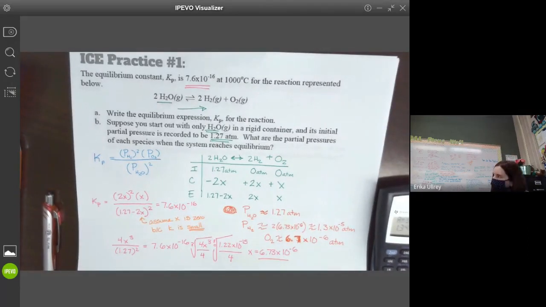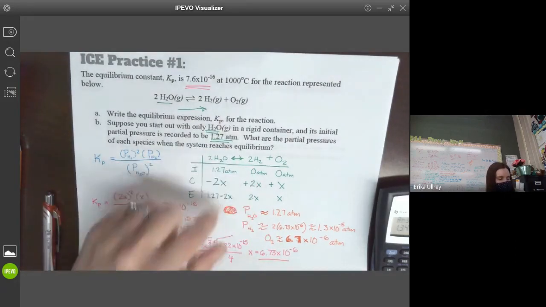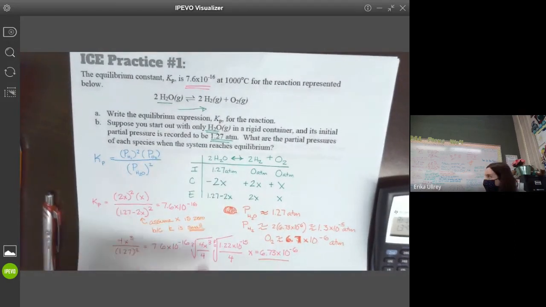Any questions on that? Honestly, the ICE table is really easy filling that out. The hardest part is remembering how to do algebra, because we sometimes forget that algebra exists outside of algebra class. So it's just the solving for x.